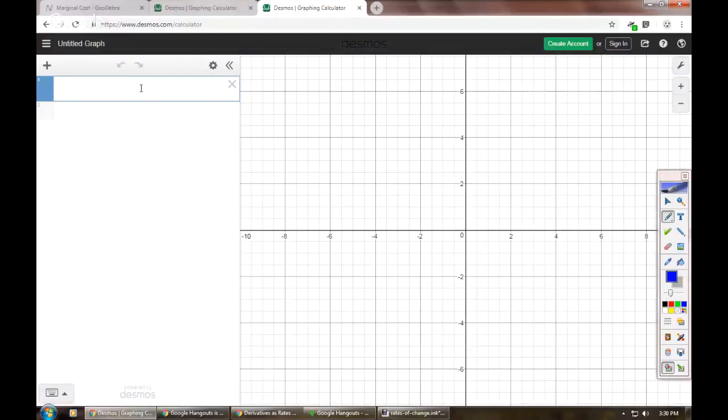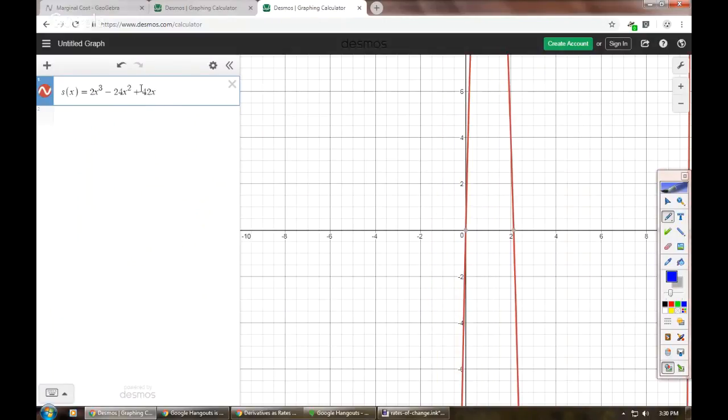So s of x, use x, is equal to 2x raised to the third minus 24x squared plus 42x. And so we should see some up-down motion. I'm going to make a table and replace y1 with s of x1. Let's plug in some numbers.